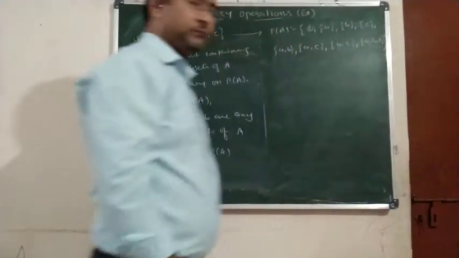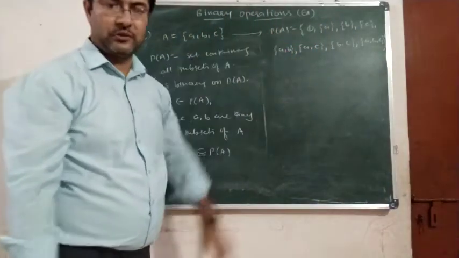Okay, so these are the 8 subsets and P of A contains all these subsets.